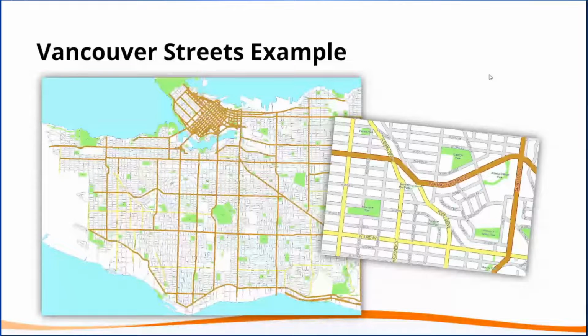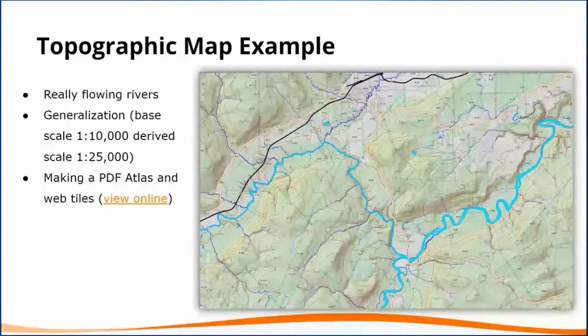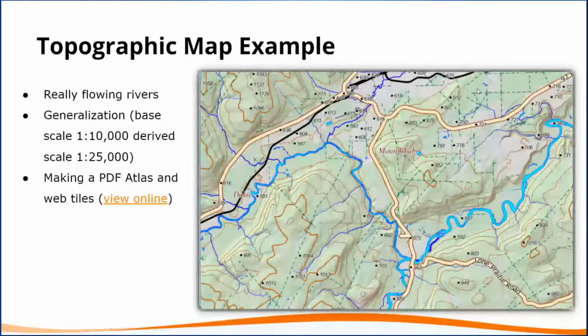We just created a street atlas for Vancouver. Our second, or third, example from that webinar was creating a topo map, where I took some Natural Resources Canada data and created a map at the scale of 1 to 10,000 and then generalized it to 1 to 25,000.